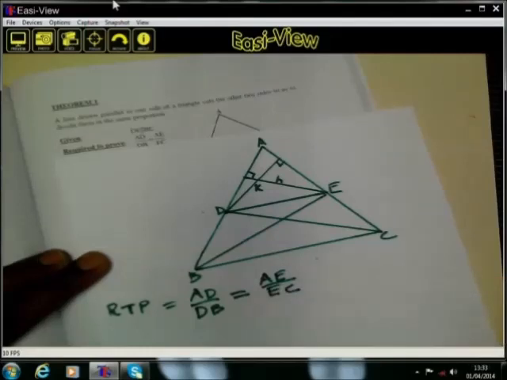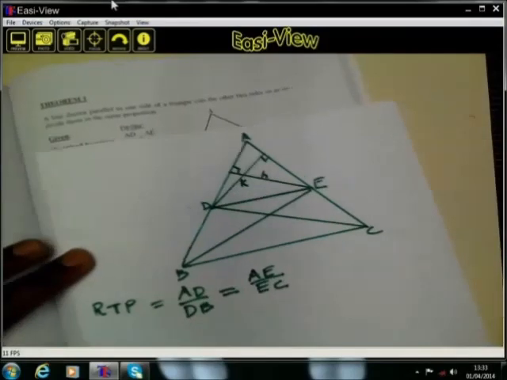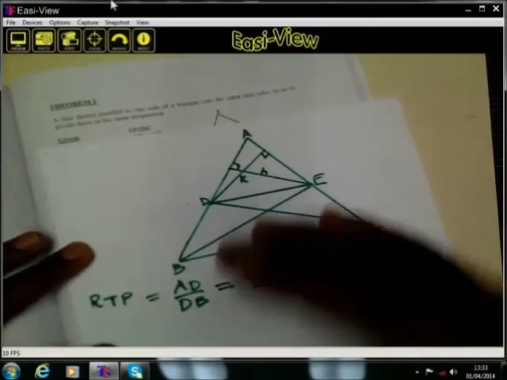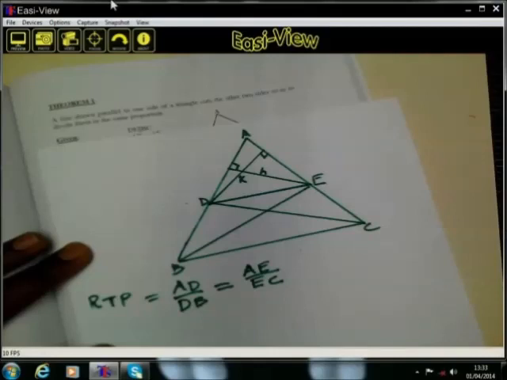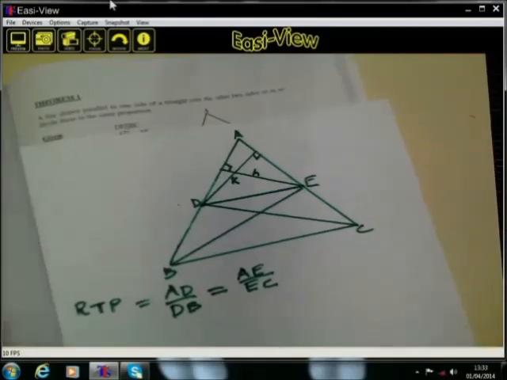That is what is requested of us. With all the constructions that we have created together, we can run with our proof.